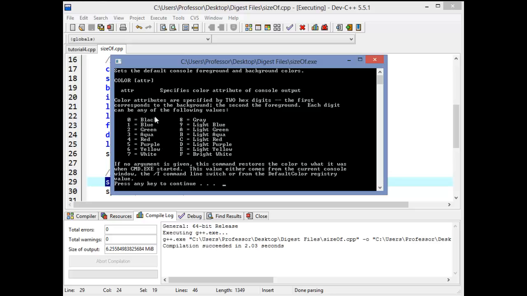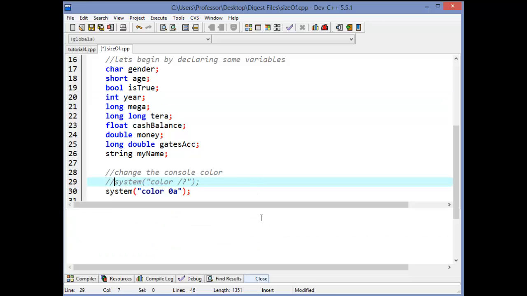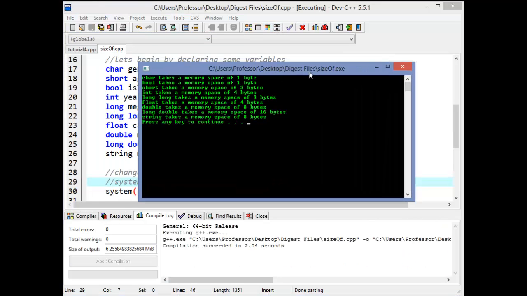Remember, if I select something like 80, the first character stands for the background and the second character stands for the text color. If you add that piece of code into your program and run it, it will bring this up, then you read through it and have some fun with your IDE. But in the meantime I don't need it, so I'm going to comment it out. Okay, now let's get back to what we are doing.